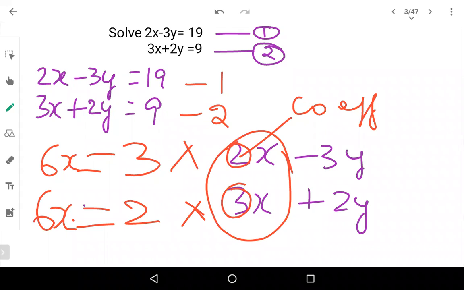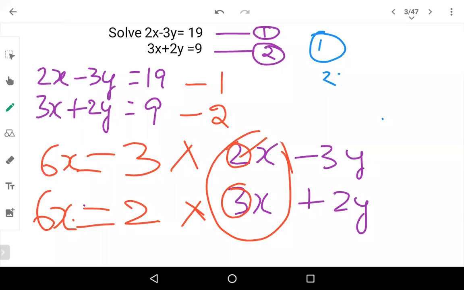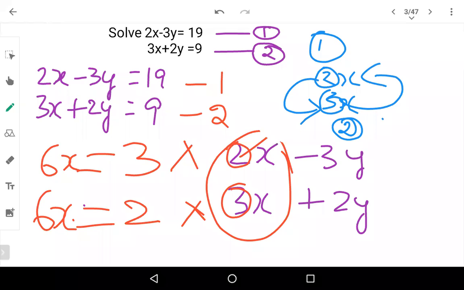So listen here. There are two methods that you can follow. Method number one is, you had 2x and 3x, correct? First variable is 2x and 3x. You have 2 and 3. Multiply 2 to the second equation, multiply 3 to the first equation.